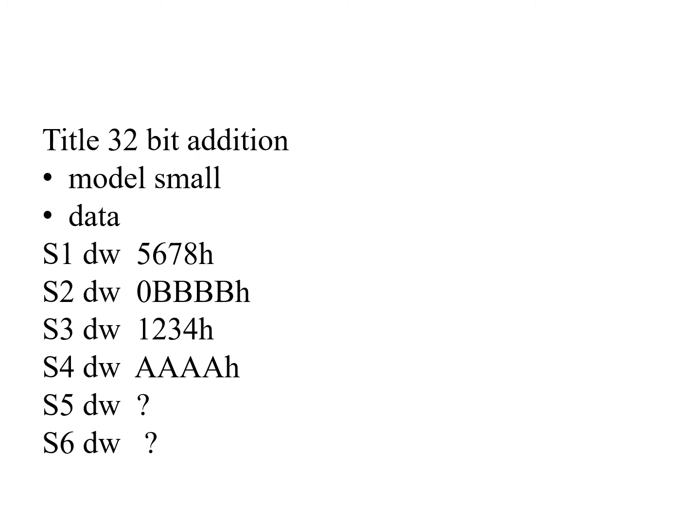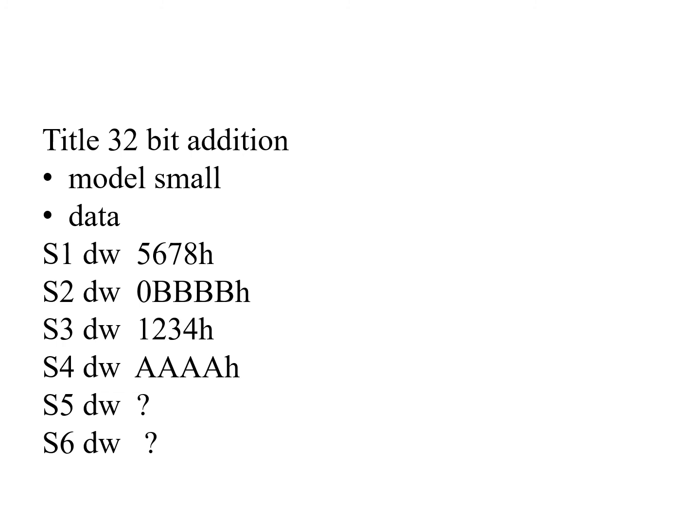Then similarly, what is the mistake you can identify here? In S4 DW, I have not mentioned 0. Actually 0 has to be mentioned. That is the correct answer. We have to mention 0 because it starts with an alphabet. In order to mention this is a 16-bit number, we have to put 0 before that alphabet number.